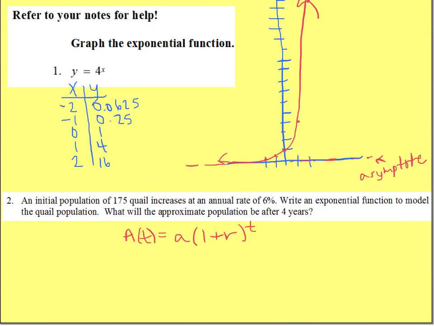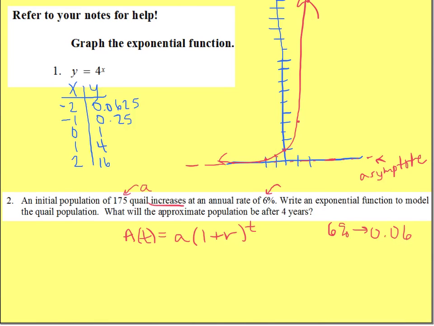So in this particular problem, I know that 175 is my initial amount. Again, I know that this is going to be a plus sign right here because it's talking about increasing. My rate is 6%, but we need to convert 6% into a decimal, which is 0.06. And then my time.